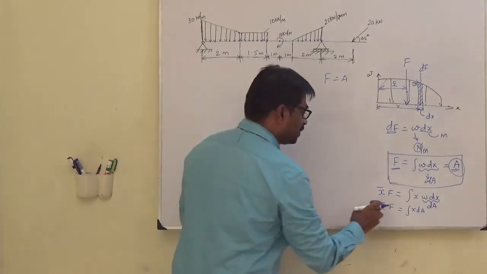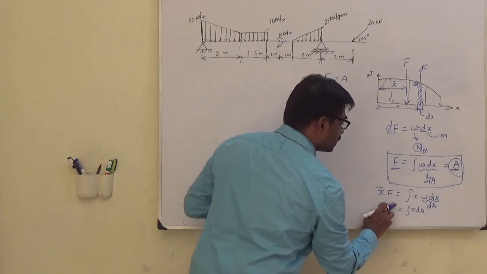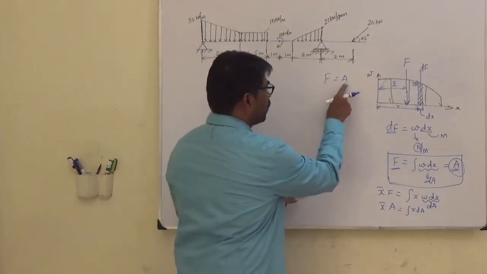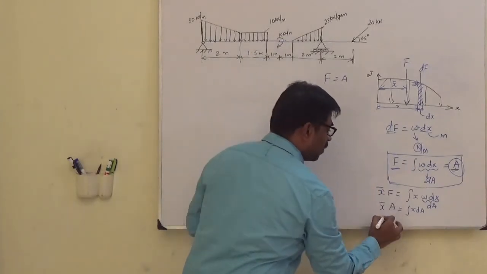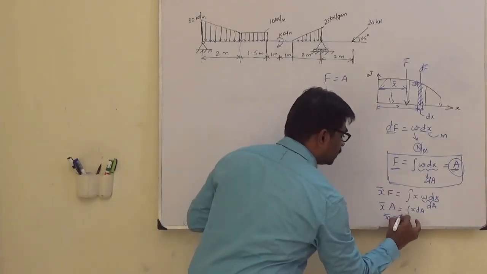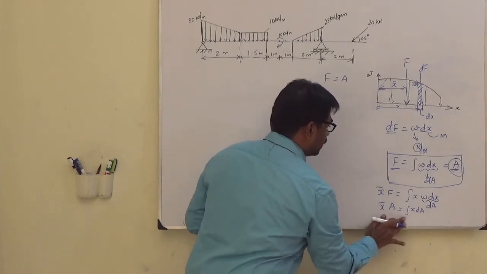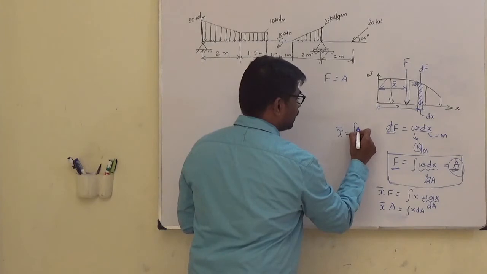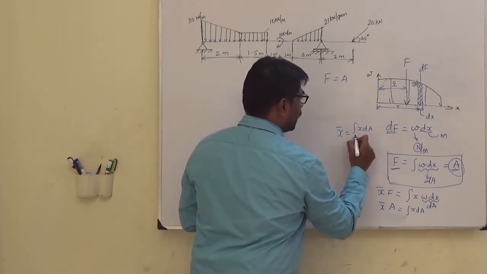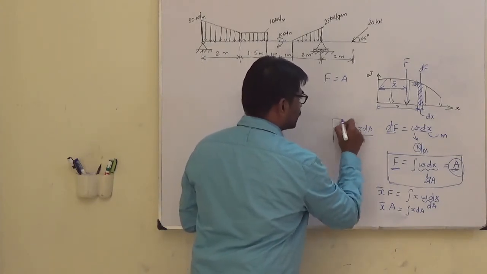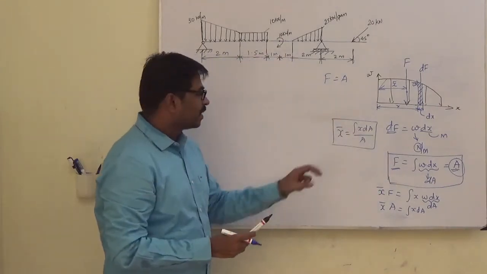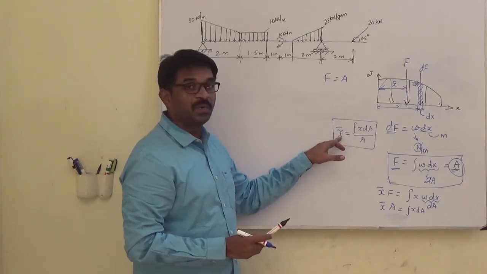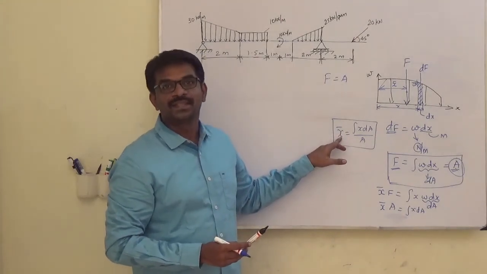Fine. And what is this F? Already we have found out F is A. So now x bar is equal to the integral of x dA divided by A. What is this? This first moment of area divided by the total area will give you the location of the centroid.